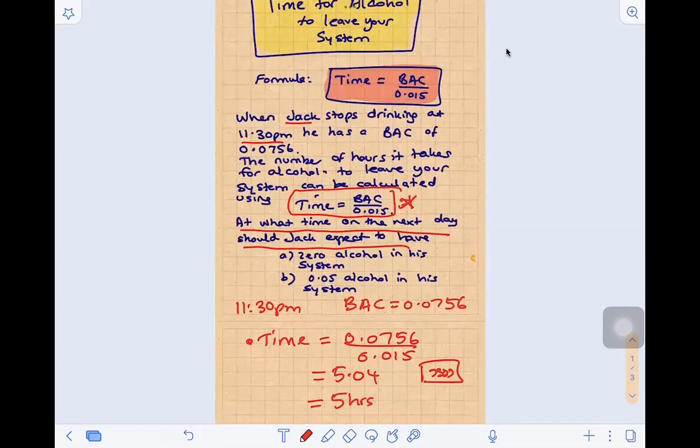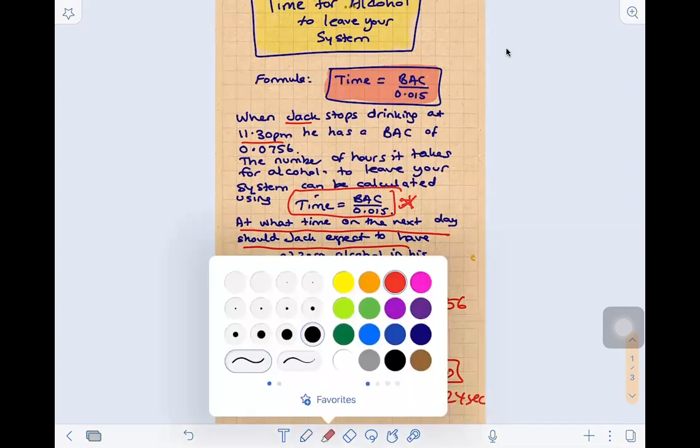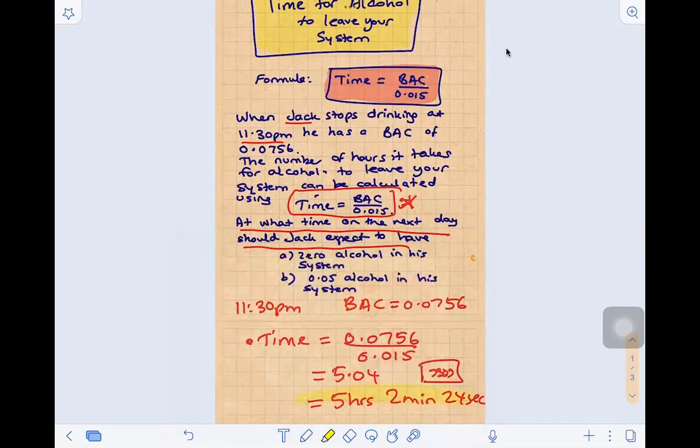So I've got 5 hours, 2 minutes, and 24 seconds for the alcohol to totally leave the system. Okay, so that's to have 0 alcohol.